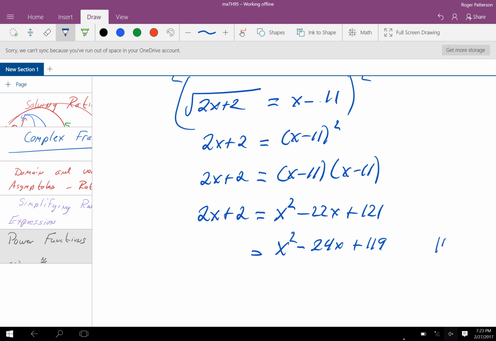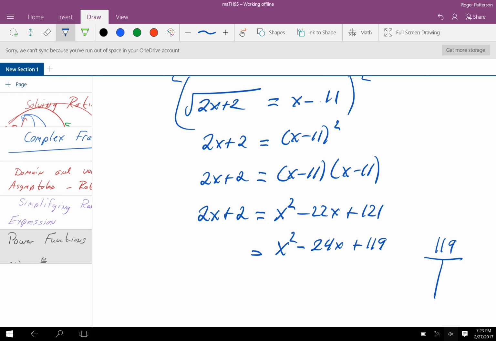119. I would have thought that was prime. Pretty sure it is. 2x plus 2 equals x minus 11. Huh. I don't think anything goes into 119. 3 doesn't.